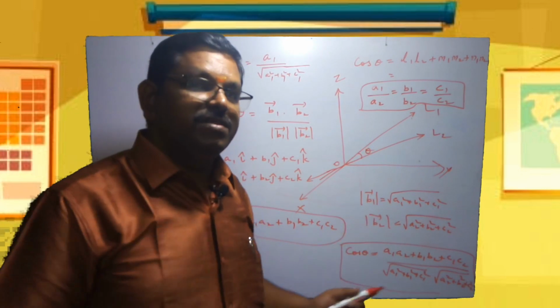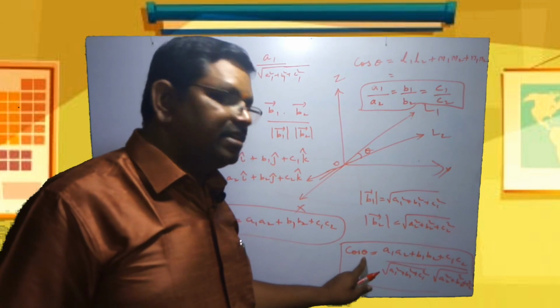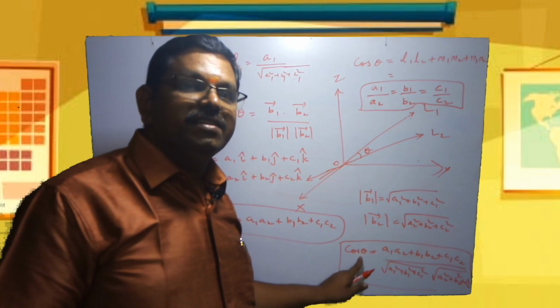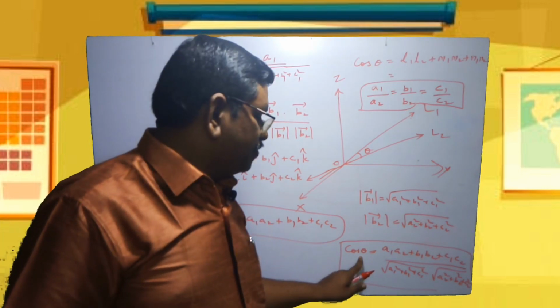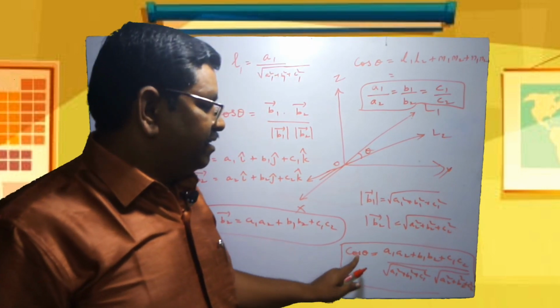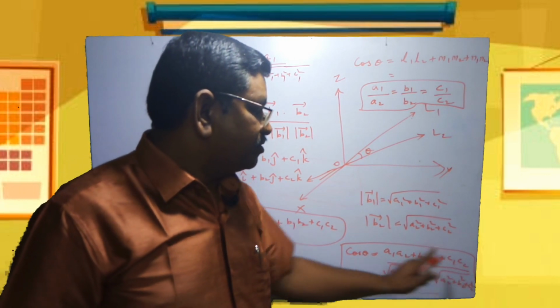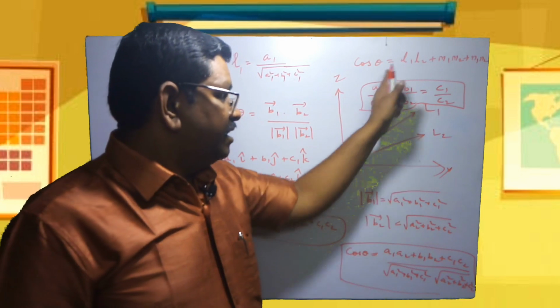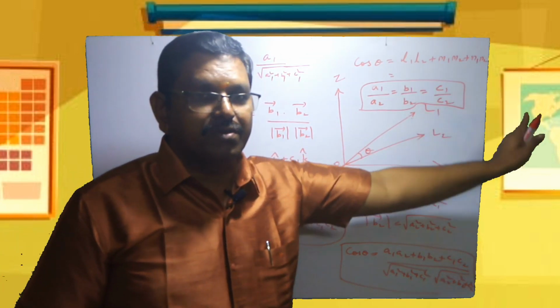Suppose the direction cosines or direction ratios are given, and we are asked to find whether the lines are perpendicular or not. It is a very simple thing. When they are perpendicular, automatically the value of theta is equal to 90 degrees. Cos 90 is equal to 0. So we will get the condition a1 a2 plus b1 b2 plus c1 c2 is equal to 0, or say l1 l2 plus m1 m2 plus n1 n2 is equal to 0.